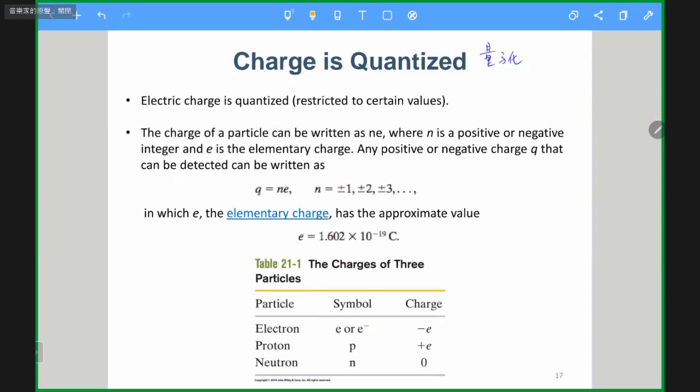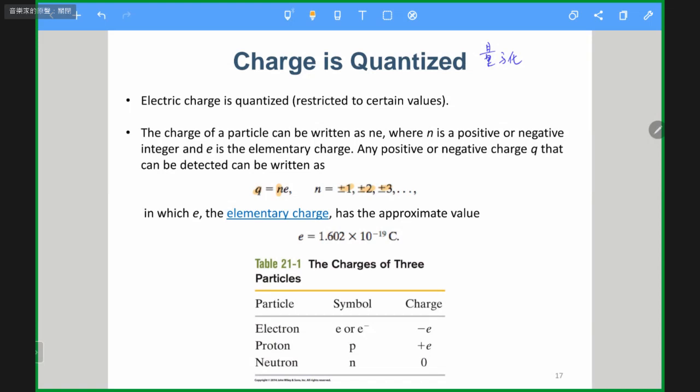Generally, you can write Q to be a multiple of e, and n is the multiple. So n can be plus or minus 1, plus or minus 2, plus or minus 3, and so forth. n can only be integers.